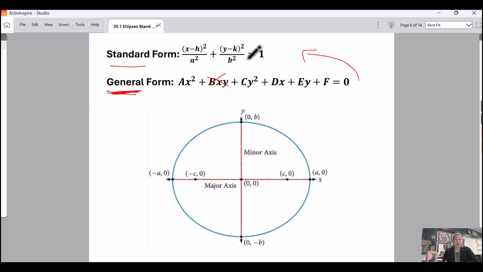We will get to some completing the square soon, but not yet. Today we're just worried about, if we're in standard form, what do the H and the K control? What do the A and the B control? This is the standard form. It looks very similar to the circle, except now we have two different values that are controlling the long radius and the short radius.